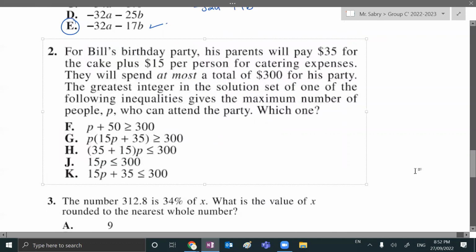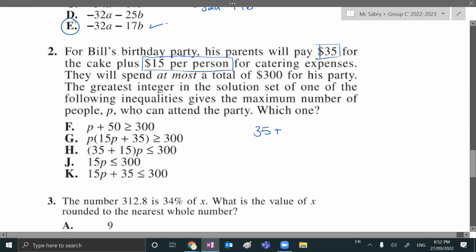Okay. For Bill's birthday party, his parents will spend $35 for the cake. So first of all, they start with 35 and then plus 15 per something. Whenever I see in any word problem 15 per whatsoever, that means this 15 should be multiplied by the number of that thing.